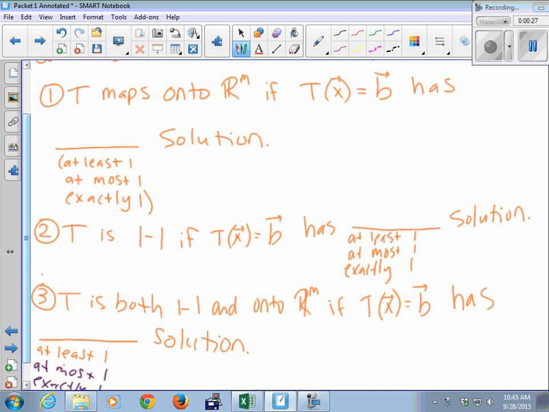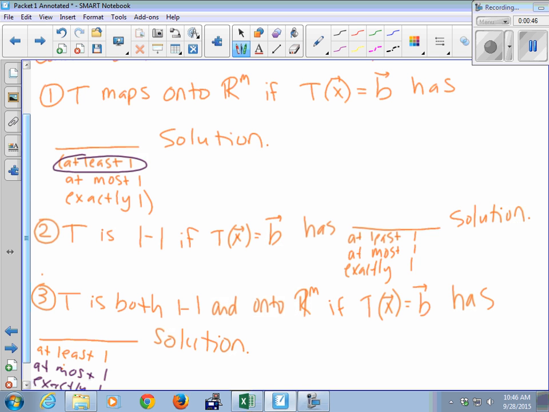At least one, yeah. It just has to have a solution, right? If whatever b you put here, you can get a solution, that means that it maps onto Rm, right? It's the same thing as spanning Rm, yeah.